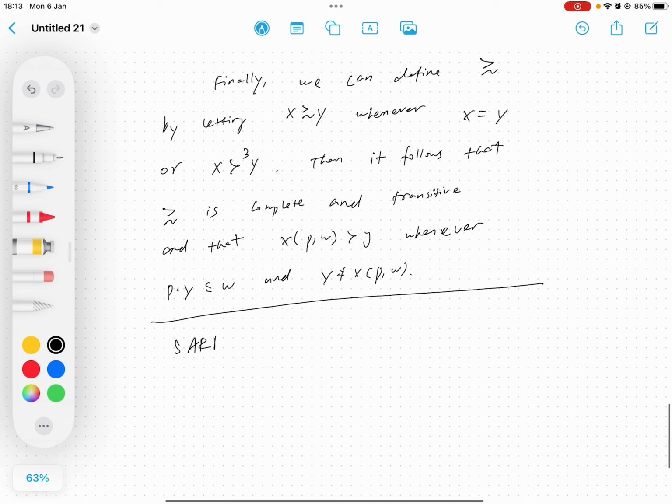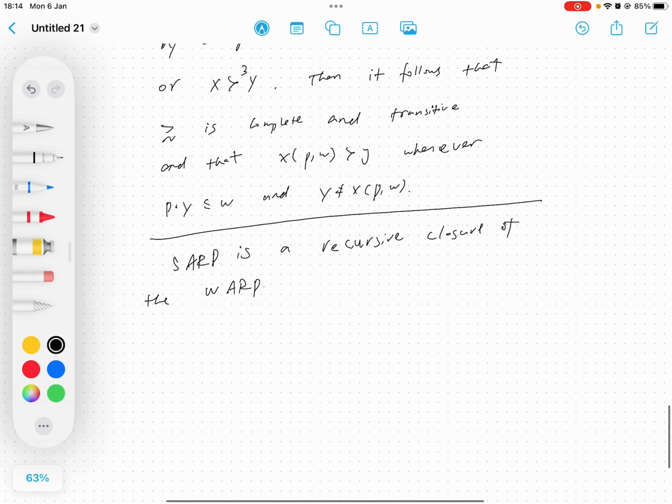So SARP is a recursive closure of the weak axiom, WARP.